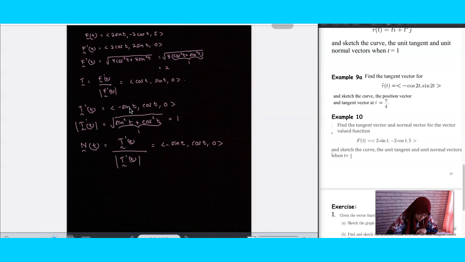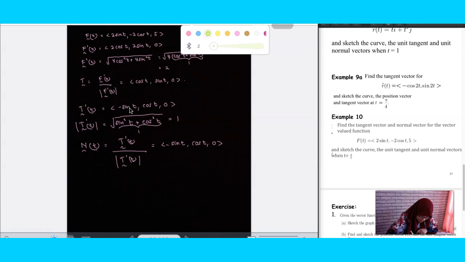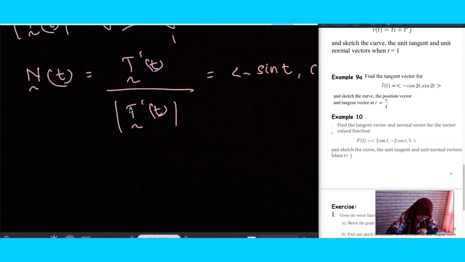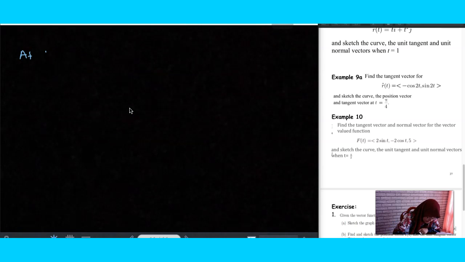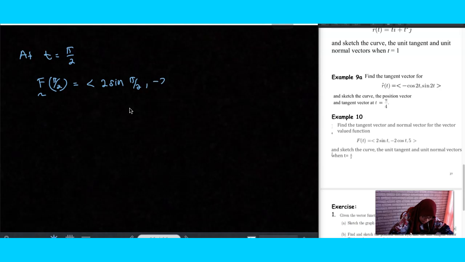Okay, so at t equal to pi over 2, your f at pi over 2, your position vector, you replace into the equation, so you will have 2 sine pi over 2, negative 2 cos pi over 2, 5.